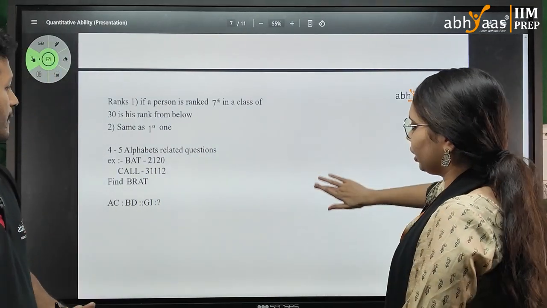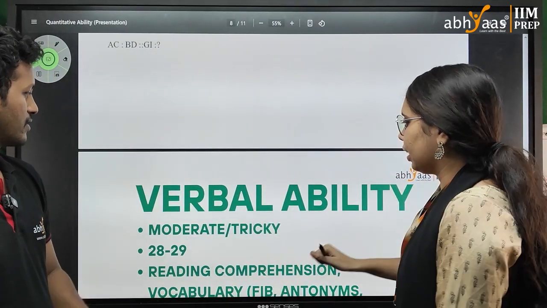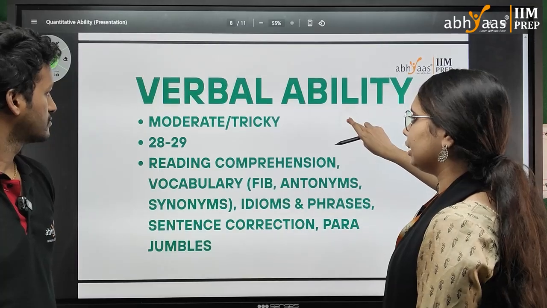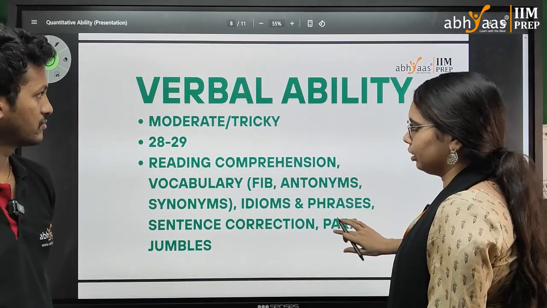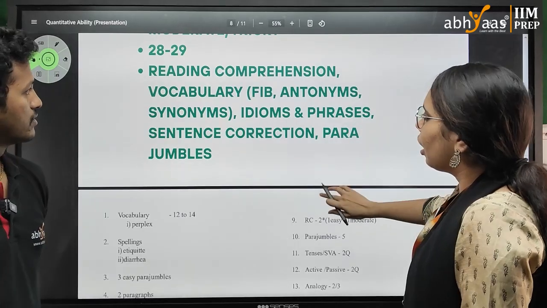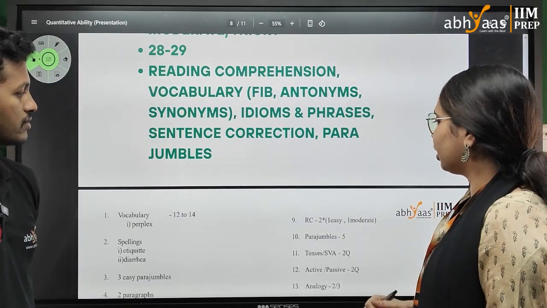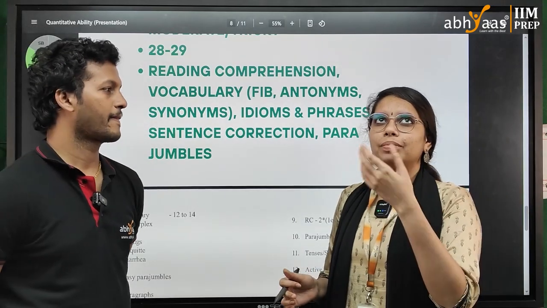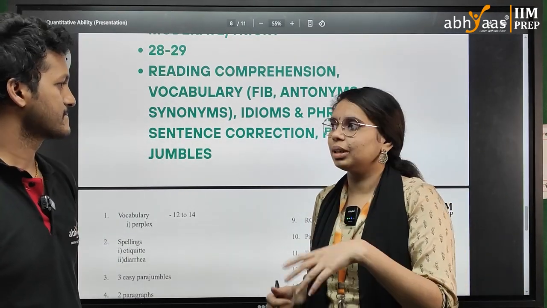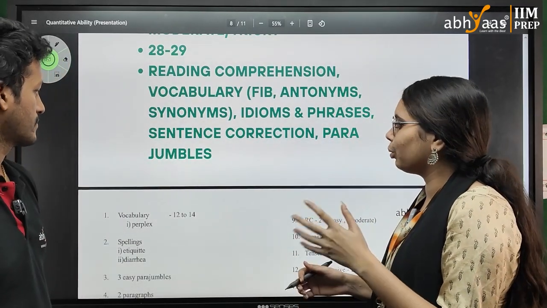Yeah, let's look at verbal also. As we can see, I think if they attempt more than 29, it's a pretty good attempt here. Okay. When it comes to RC, reading comprehension, there are some mixed remarks, because of the two RCs given, some say that one is pretty easy, ma'am, but the other one is a bit moderate.